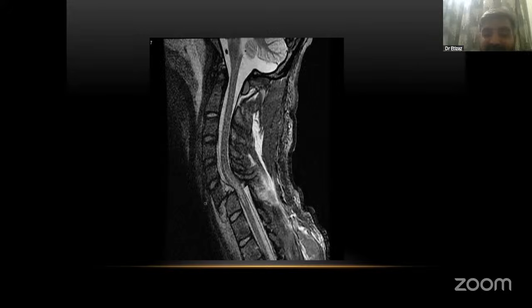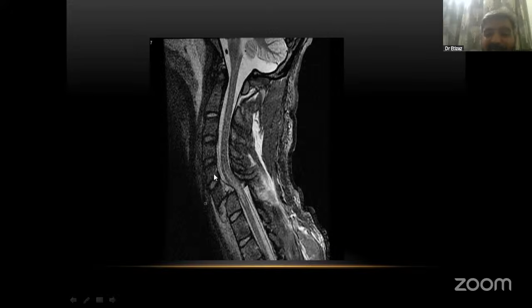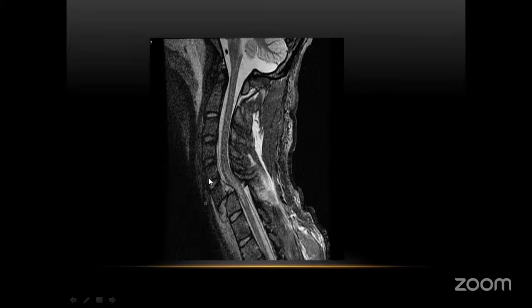Hyperextension. Why hyperextension, Dr. Mustafa? Because, sir, there is still lordosis of the cervical spine, sir. So how do you think that it is a hyperextension? Because it's lordosis. I am 50-50.